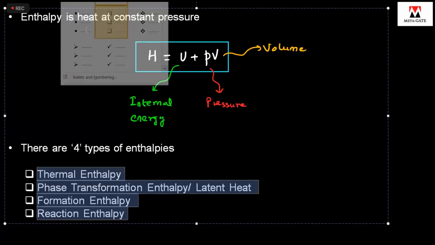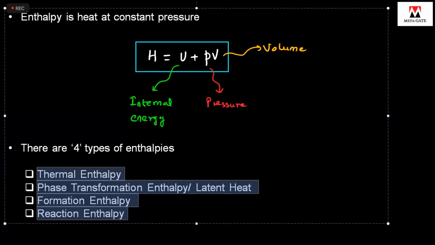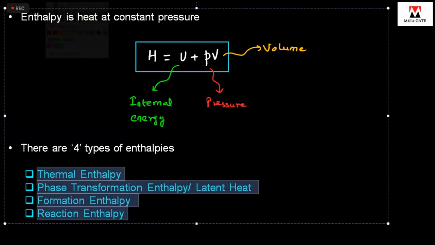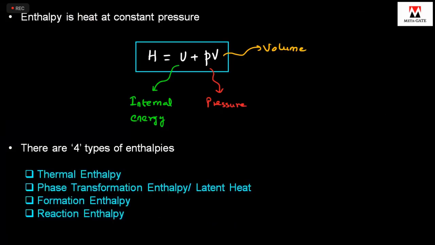So these are the four types of enthalpy that we talk about, and in this entire chapter we will be seeing each of these. We will start with the simplest enthalpy.